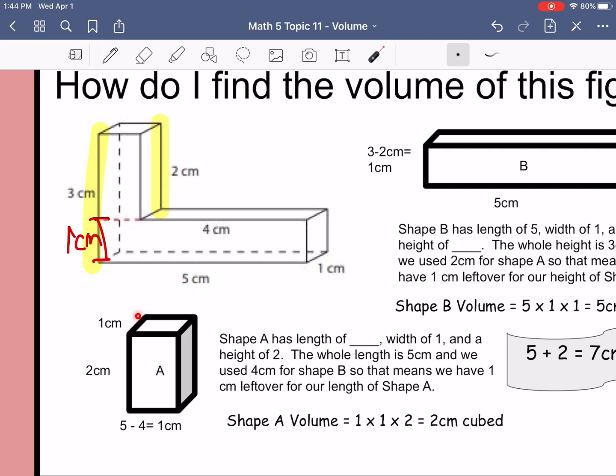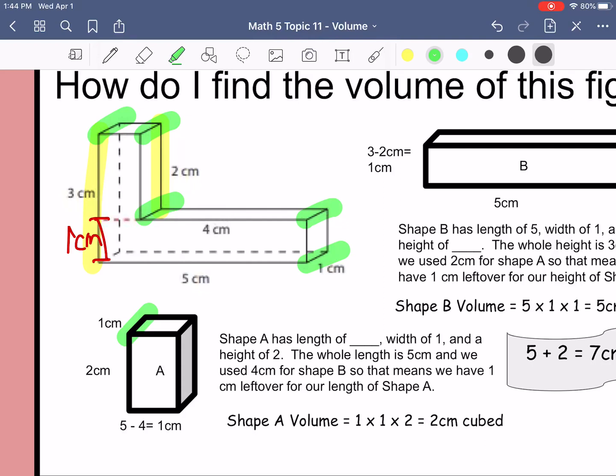So our width is 1. Okay, so it came from here, it was labeled here, which means this piece is the same, and this piece is the same, and this piece is the same. Okay, so that tells me that this is each 1 centimeter, which is this part right here.